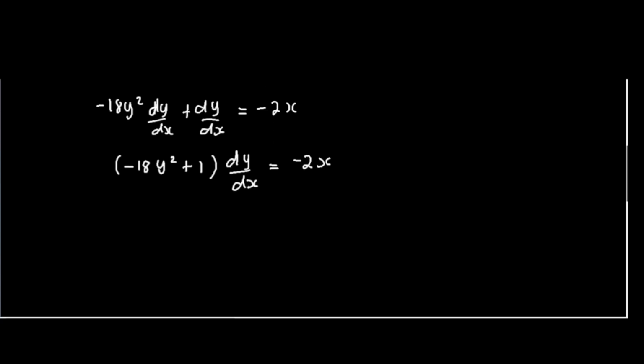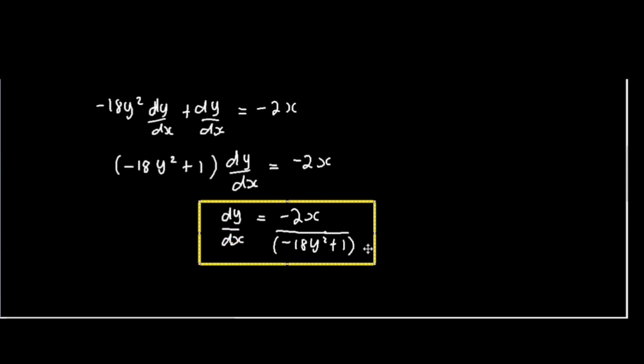Finally we shall get to our derivative, which is dy/dx being equal to negative 2x, and we divide through by negative 18y squared plus 1, so divided by negative 18y squared plus 1. By so doing, this is our derivative function for the given function, which was an implicit function. This is our dy/dx.